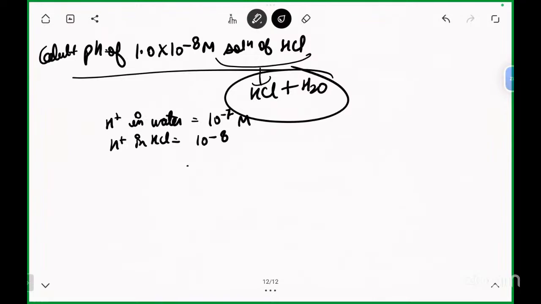So the total will be 10 to the power minus 8 plus 10 to the power minus 7.